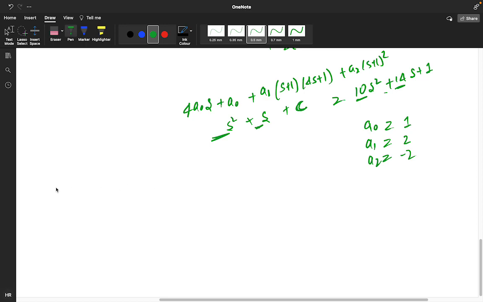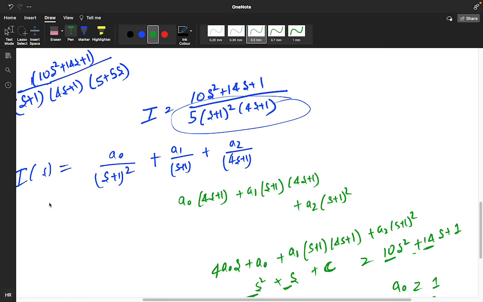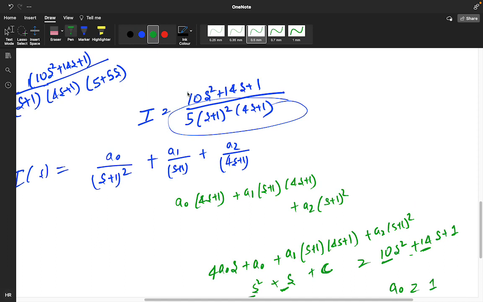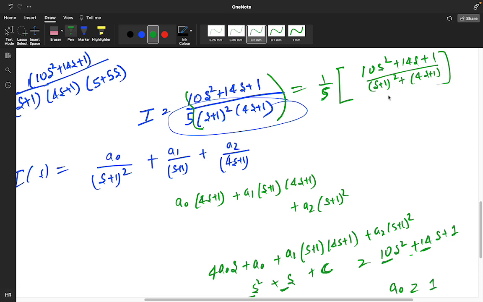And actually we have taken 1 by 5 as common. Okay, we are solving for this: 10s square plus 14s plus 1 divided by s plus 1 the whole square into 4s plus 1. So we will equate with this particular term.